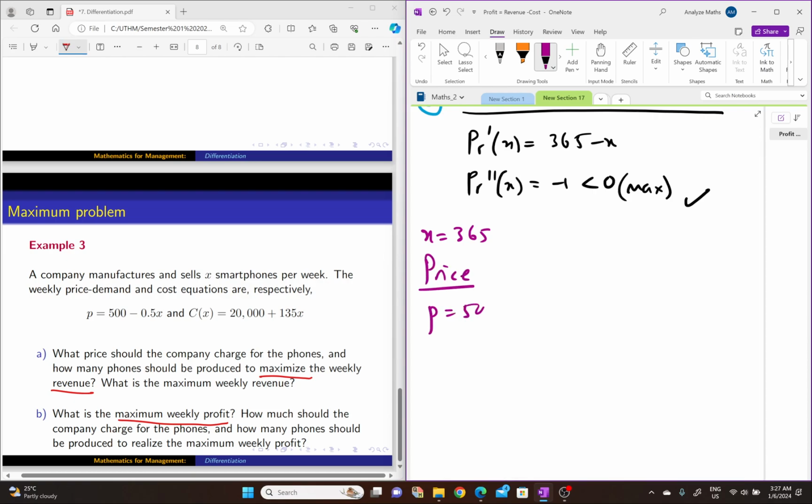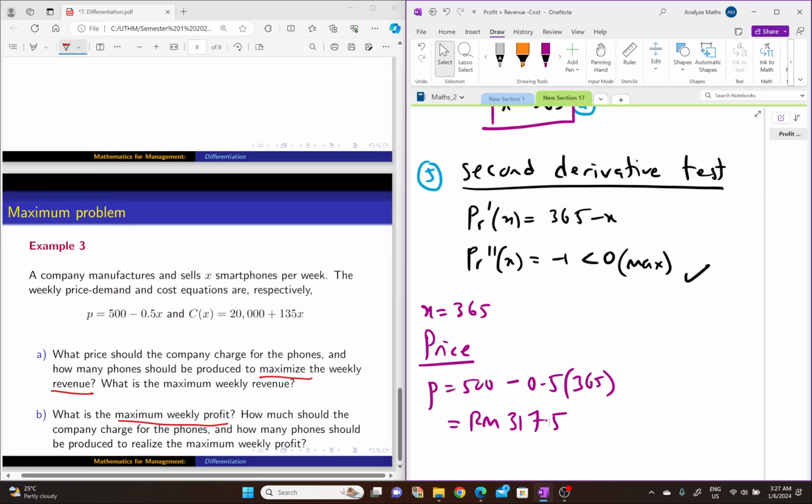P equals 500 minus 0.5 times 365, you get the price. Just now I put RM: 317.5.